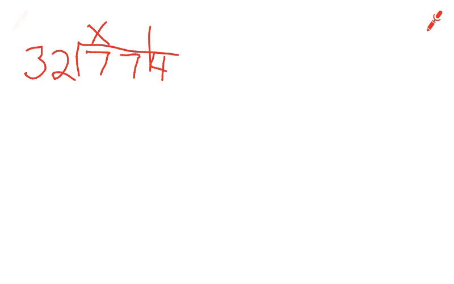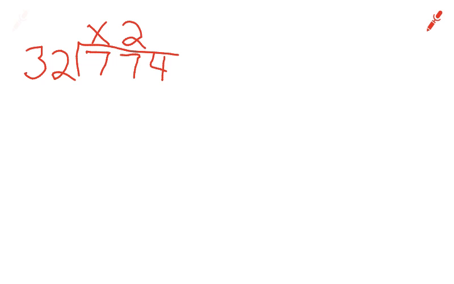Yes, so we know we're just looking at this part of the problem for right now. We're going to estimate it by covering up our 2 and our 7 and asking ourselves, how many times does our 3 go into 7? And that's just for estimating. 3 goes into 7 2 times. So let's write a 2 here.